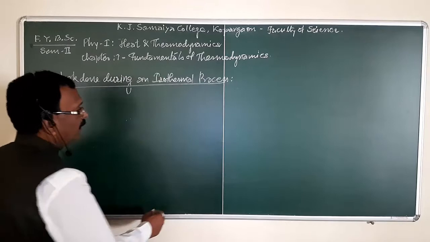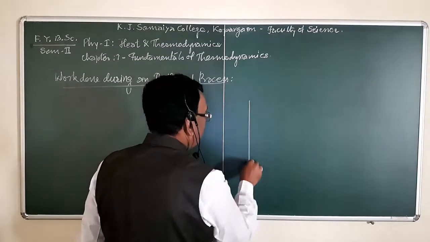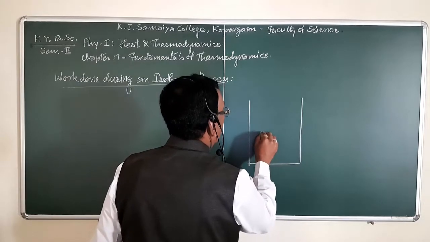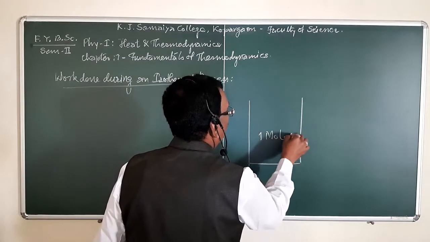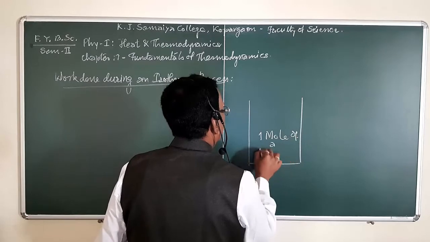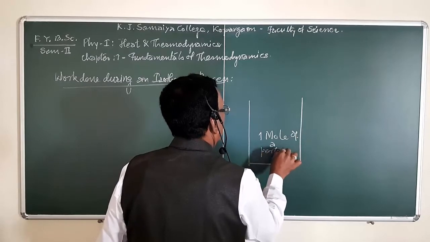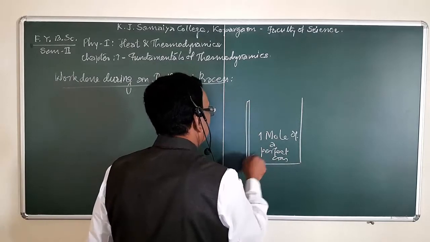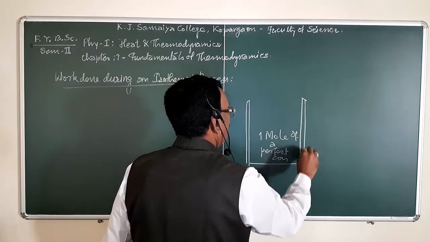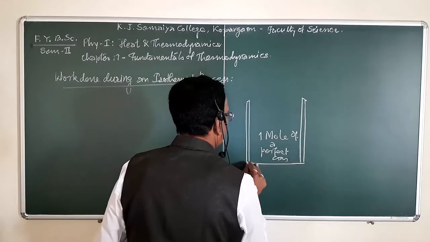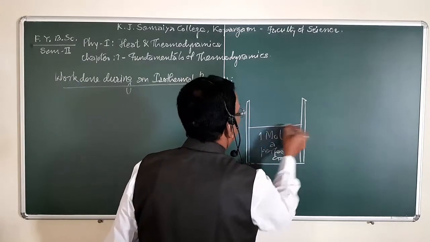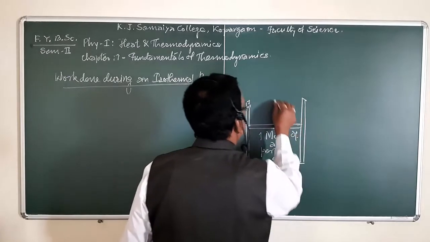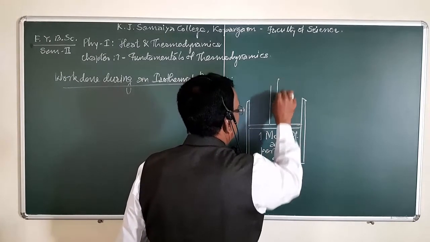For this purpose, consider a system, that is a finite amount of gas, that is 1 mole of a perfect gas enclosed in a cylinder having perfectly insulating wall, as well as the cylinder is fitted with a frictionless and movable piston.